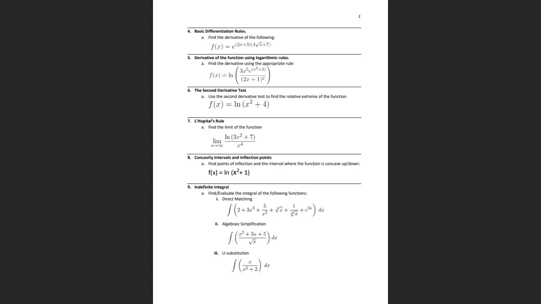Did you say 2x to the negative half? Yeah, because for 4 root x, to take the derivative of that, I did 4 times x to the half, and I subtracted 1 from a half.